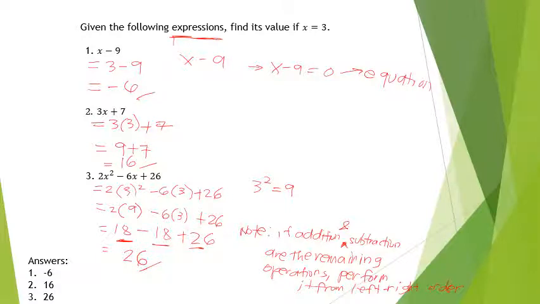Pag walang equality sign, ang isang mathematical expression, siya ay tinatawag na expression lamang. Halimbawa, dito sa 3x plus 7, kapag mayroong equal to 0, siya ay tinatawag na equation. Pero pag wala, yan ay tinatawag na expression. Okay.